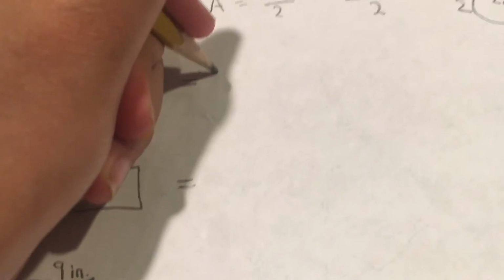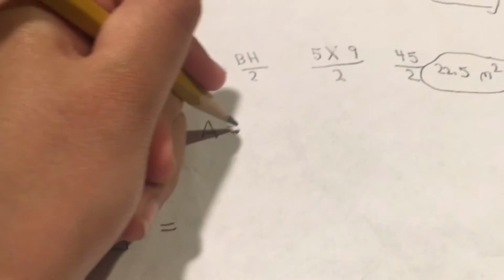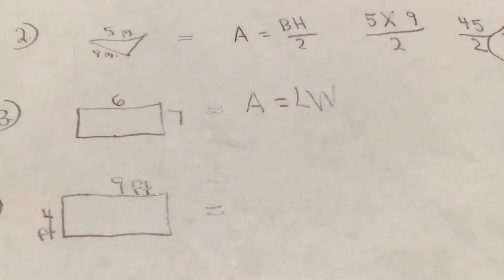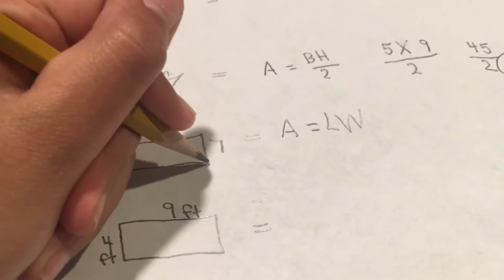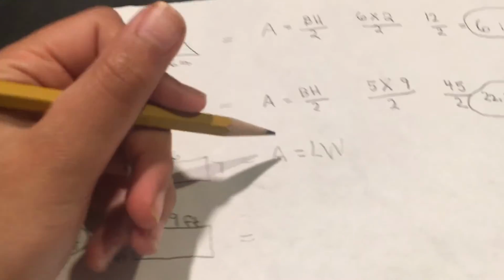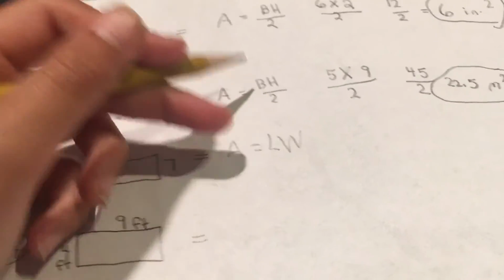For rectangles, its area is equal to length times width. This is the formula for a rectangle. Length times width. So, the length is the height, and the width is this. You can always think of the length as the height and the width as the base, but it's not exactly the same.